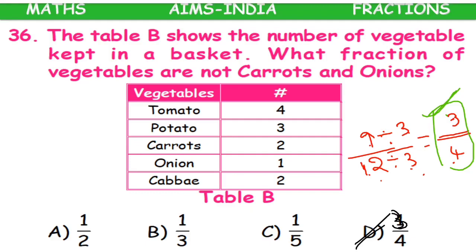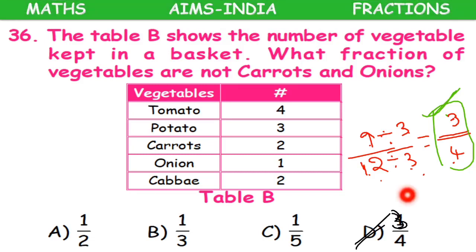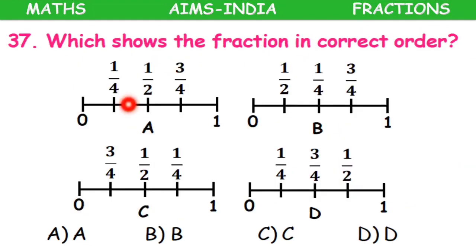Whenever such mistakes are given in the exam, you will get full marks for that question, children. Don't leave the question empty. Tick any of the answers, because the examiner has given the wrong option. He will give you full marks for whatever option you have ticked. Now for this question, the correct answer is 3 by 4.